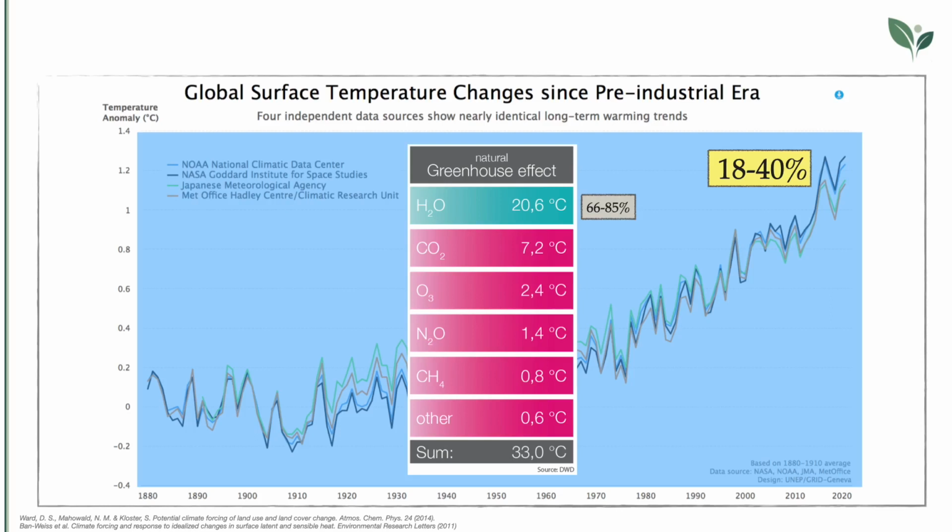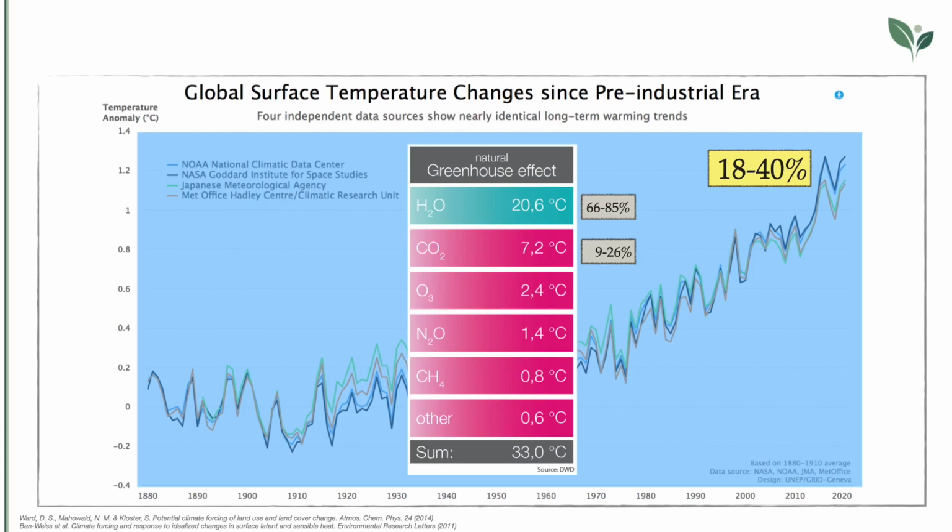The share of water and water vapor in this natural greenhouse effect is responsible for a whole 20.6 degrees, accounting for 66 to 85% of the total natural greenhouse effect. The effect of CO2 compared to water is only 7.2 degrees Celsius, or 9 to 26%.